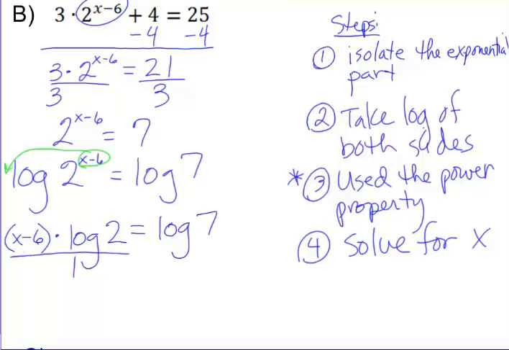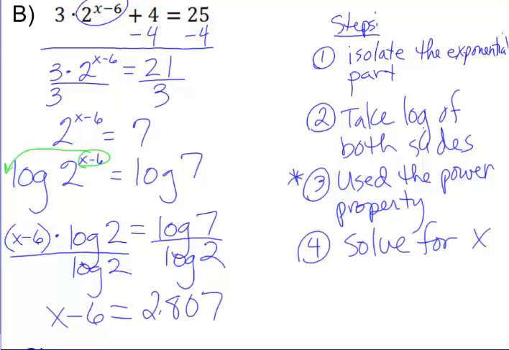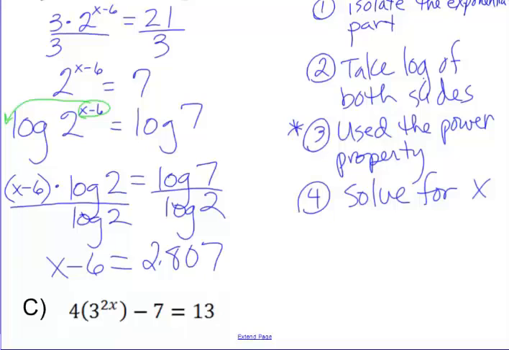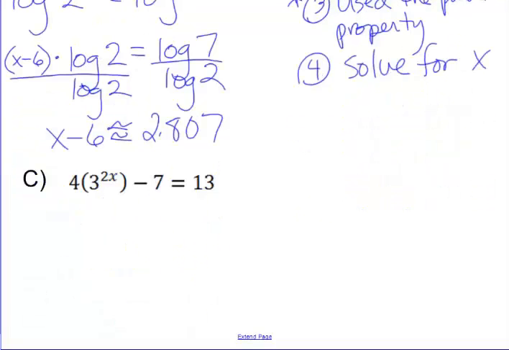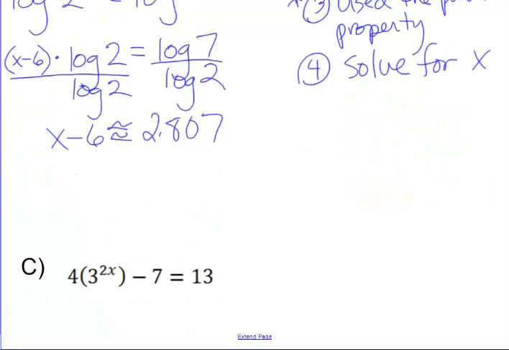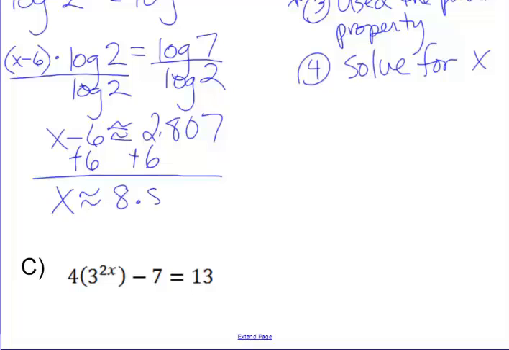So divide both sides by log 2. So we get x minus 6 equals 2.807. And technically that would be an approximation there. And then add 6. X is approximately 8.807.